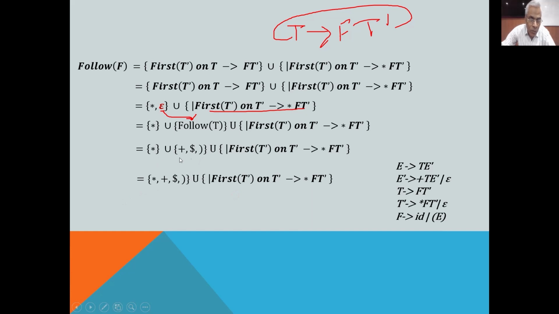If we take the union of these two sets, we get star, plus, dollar and closing bracket. Then we find the first of T dash on this production, and if we proceed, then we will again get the same terminals star, plus, dollar and closing bracket. So the follow of F will be star, plus, dollar and closing bracket.